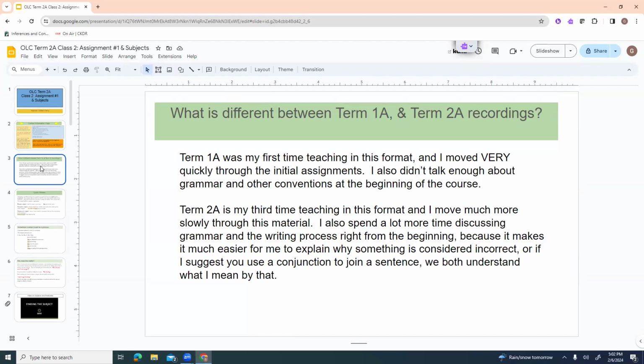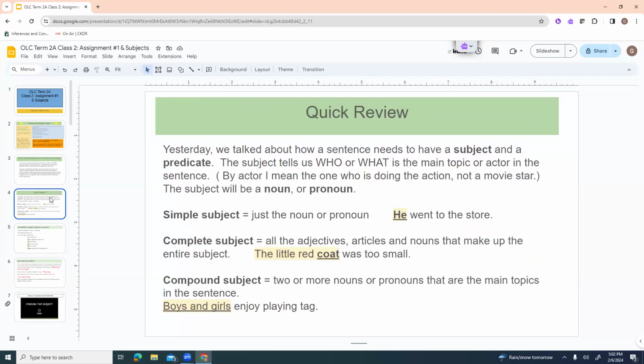And I think I moved much more slowly through the material and explained things a lot more thoroughly. I also spend a lot more time discussing grammar and the writing process right from the beginning, because it makes it much easier for me to explain why something is considered incorrect. Or, for example, if I want to suggest you need to use a conjunction to join a sentence, we both understand what I mean by that. So that's why I cover grammar a little more than I did the first time through.